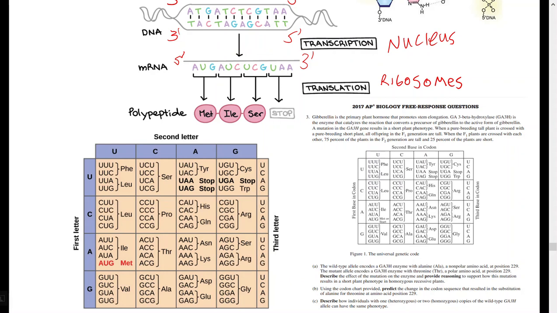And so then other types of mutations, though, can do some very serious things. You have mutations where they will switch out one codon for another codon, or one amino acid for another amino acid. So if you changed, let's look at where this ILE is on this chart. It's AUC. Well, what if it got changed to AUG?